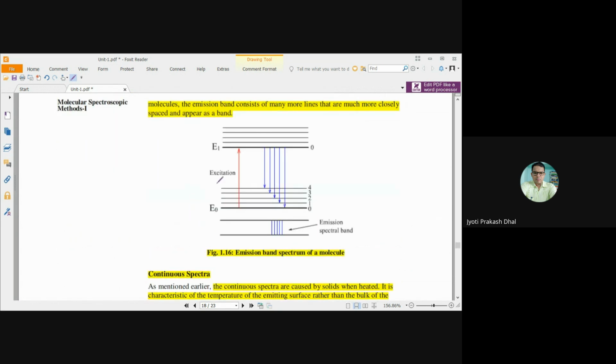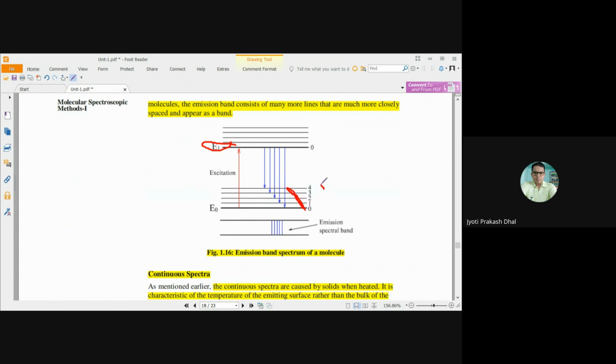So you can see, suppose this is the ground state electronic level, and this is the first excited state electronic level, and the molecule undergoes excitation from the ground electronic level to the first excited electronic level. Here the lifetime will be very short, so they will come back to the ground state again. In the ground electronic state, a series of vibrational energy levels are there.